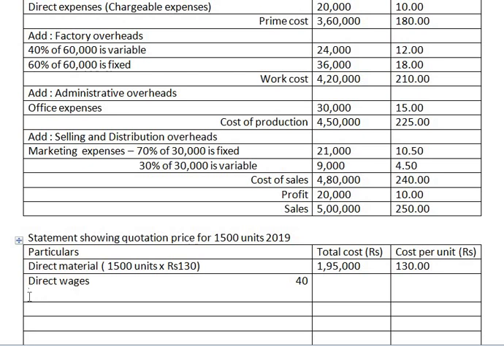Okay. Now from this we are going to deduct 30% reduced. So this also can be shown in the bracket, that is 40 into 30%.